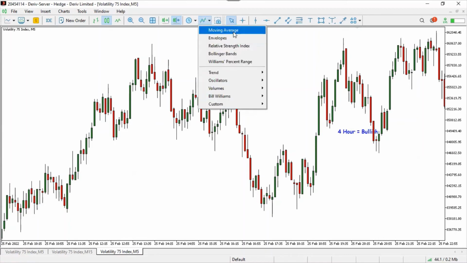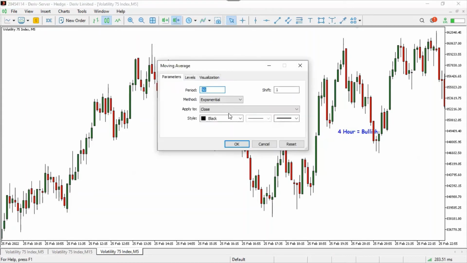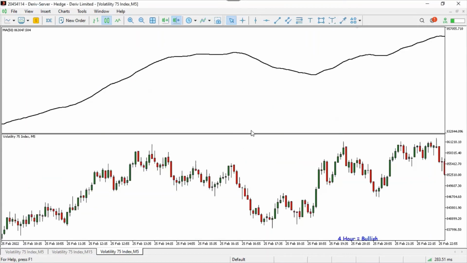Trend, moving average 50. Then show exponential, then boom.